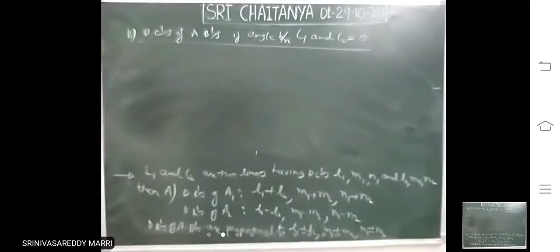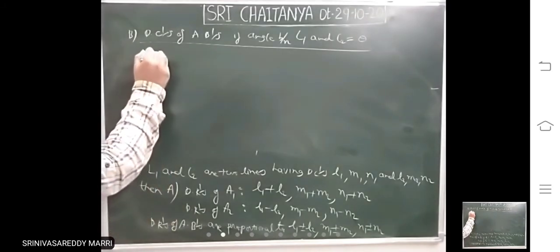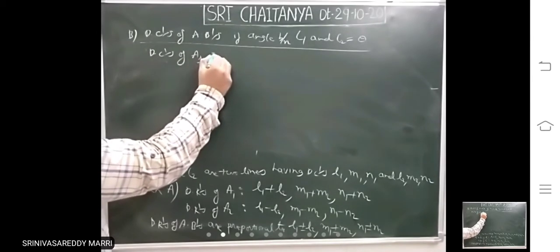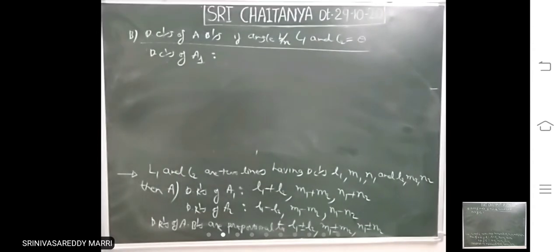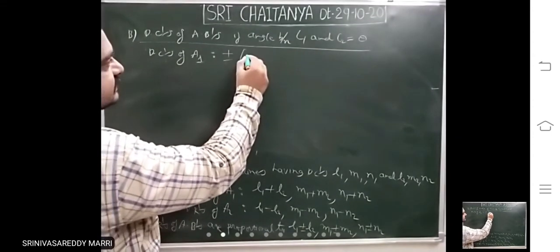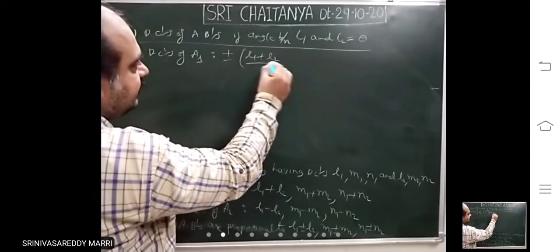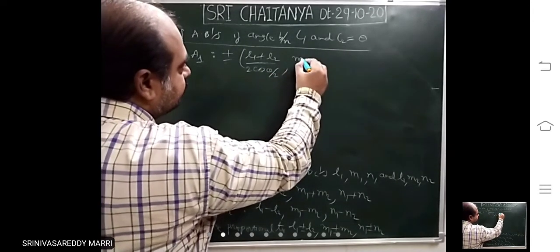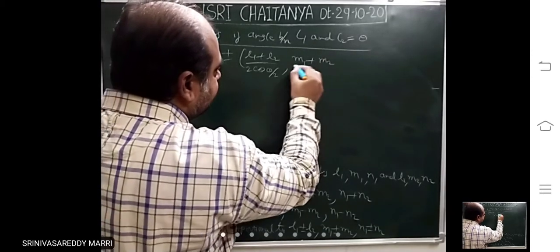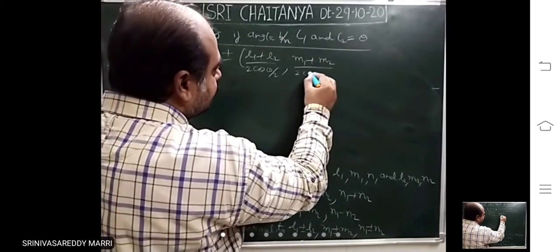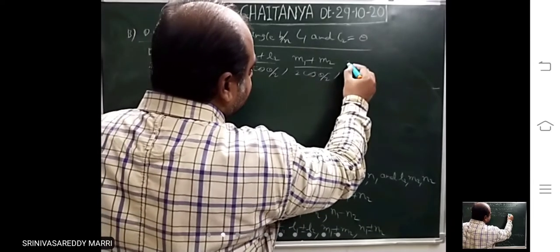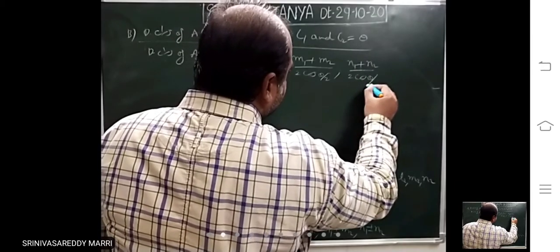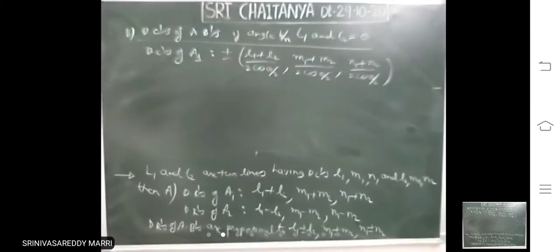DCs of angular bisector 1 are plus or minus l1 plus l2 divided by 2 cos theta by 2, m1 plus m2 divided by 2 cos theta by 2, n1 plus n2 divided by 2 cos theta by 2.